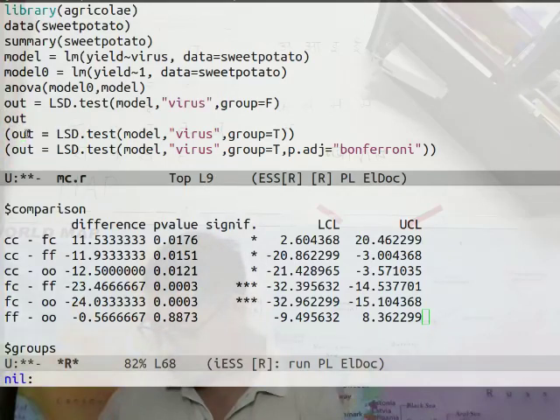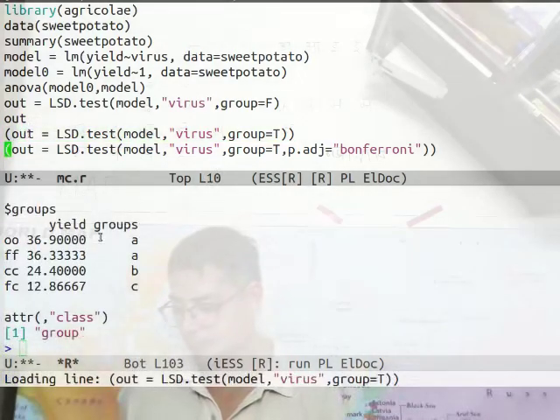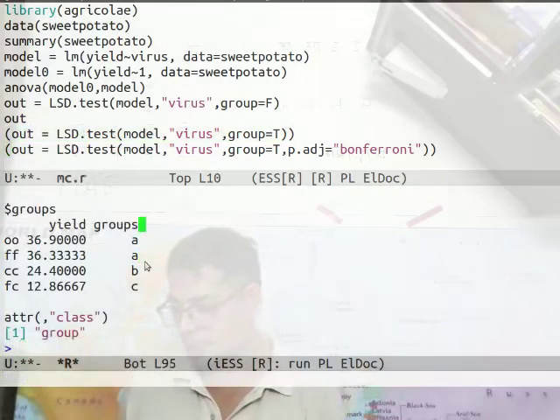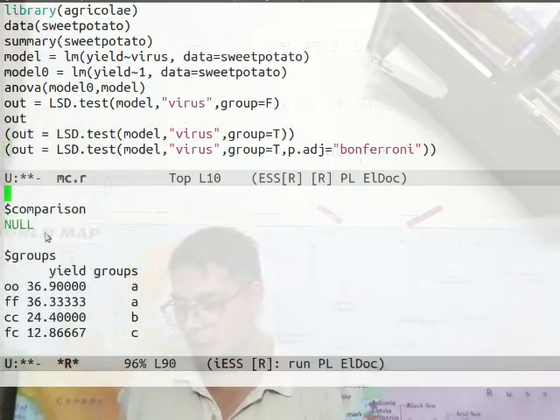So if I do that, I will get this. So in this case, that comparison field is now null. So the comparison table is not given. Instead, you are getting a groups thing. So you have got the 4 things, OO, FF, CC, FC, and it has given group levels.